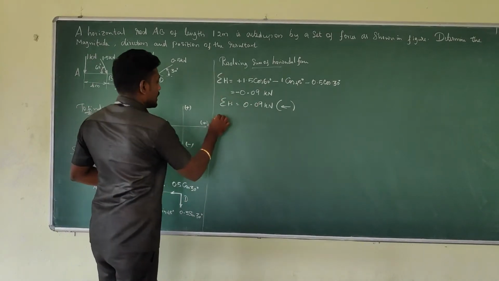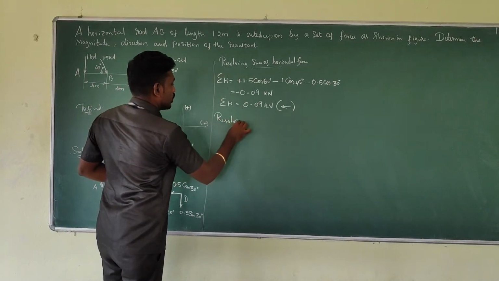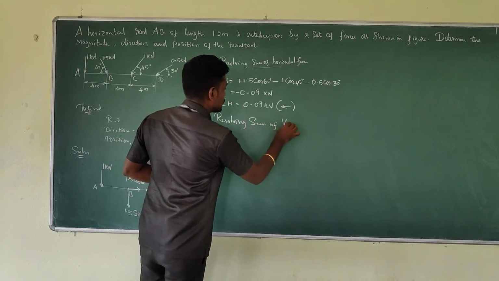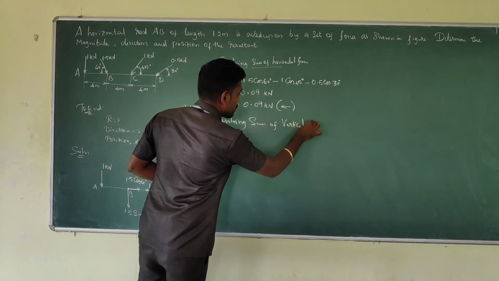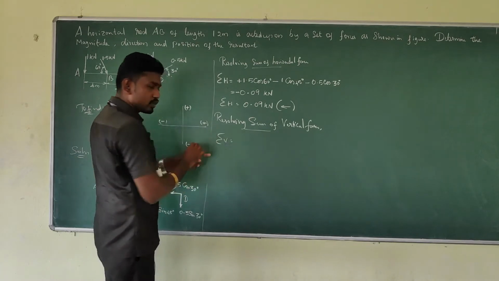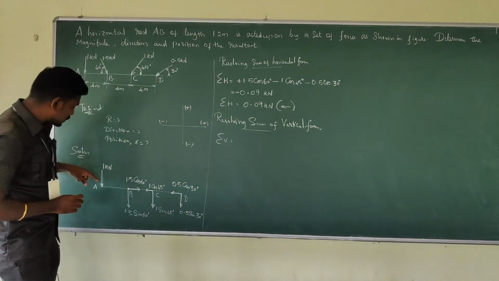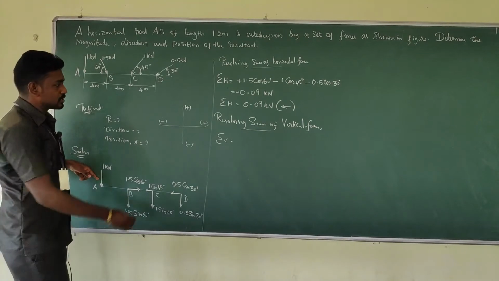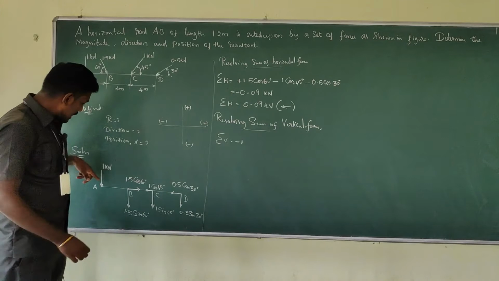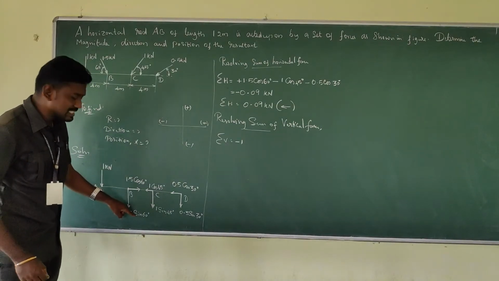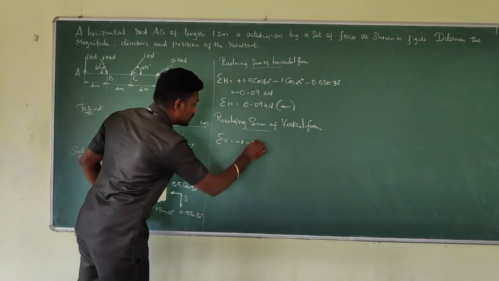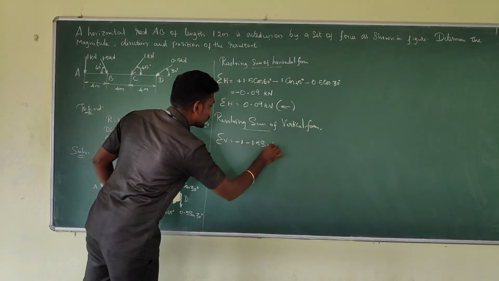So next, after completing sum of horizontal force, resolve sum of vertical forces. Sum of vertical force is equal to, add all the vertical forces. 1 kilonewton acting downwards has the minus sign, minus 1. And the next force 1.5 sine 60 degree acting downwards carries minus, so minus 1.5 sine 60 degree.